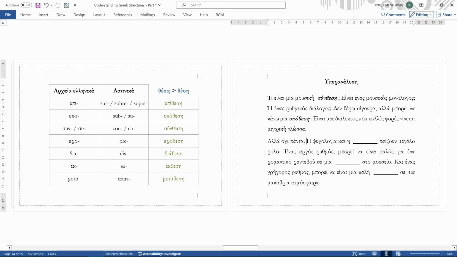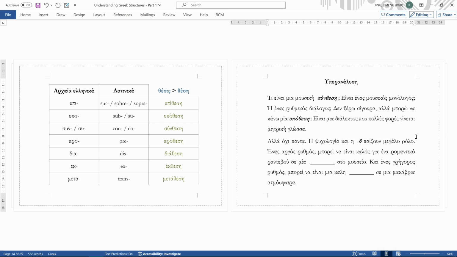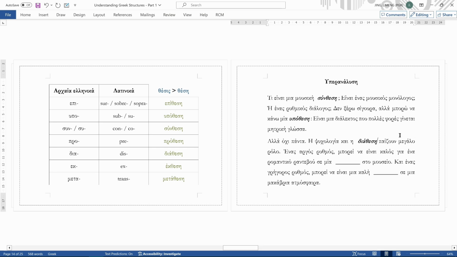You're too fast, but thank you, yeah. Διάθεση, correct, disposition, right, your mood, basically. Ένας αργός ρυθμός μπορεί να είναι καλός για ένα ρομαντικό ραντεβού στο μουσείο. So, the paragraph starts by saying, but not always.